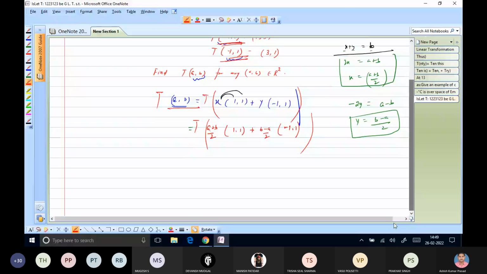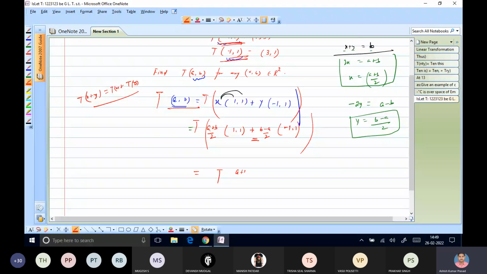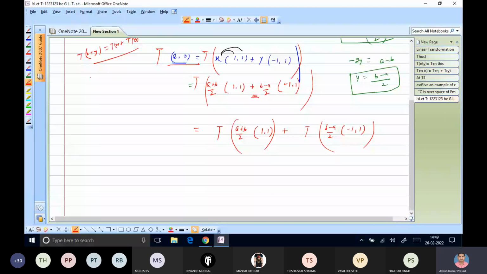See here, first of all plus sign is there, and you know T of x plus y is equal to Tx plus Ty, right? So T distributes over addition. So T of a plus b by 2 times (1,1) plus T of b minus a by 2 times (minus 1,1). And the second property of linear transformation is that T of alpha x is alpha times Tx, meaning constants can be taken outside.